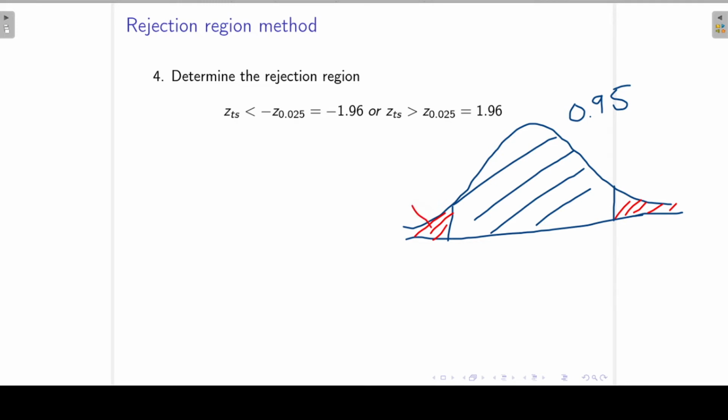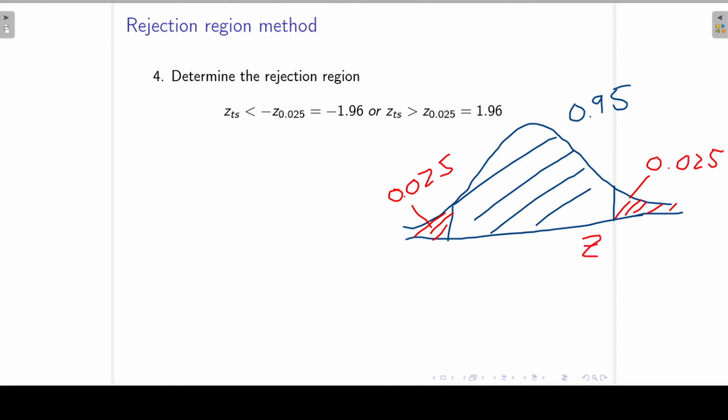So the area to the left must be 0.025, that is 0.05 divided by 2. And this area here should also be 0.025.